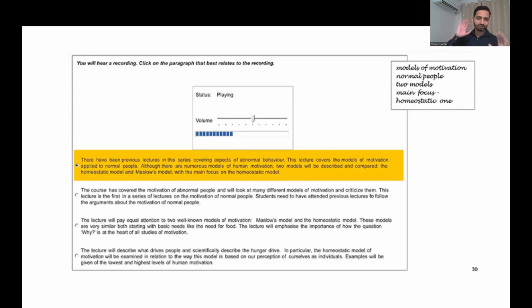All right, let's look at this one, for example. You might have heard, and this is just an example, when you're listening to the recording, you will note down important keywords such as models of motivation, normal people, two models, main focus, homeostatic one.